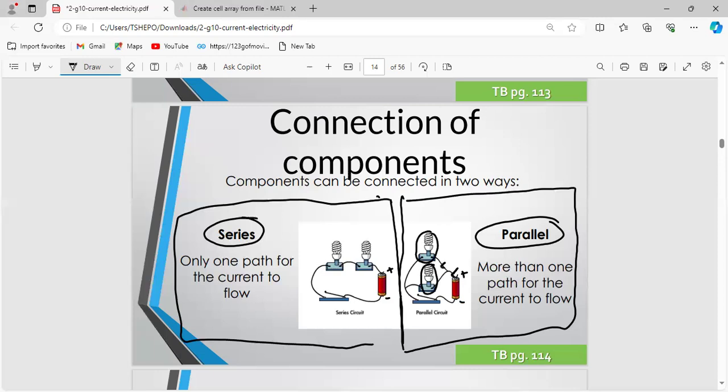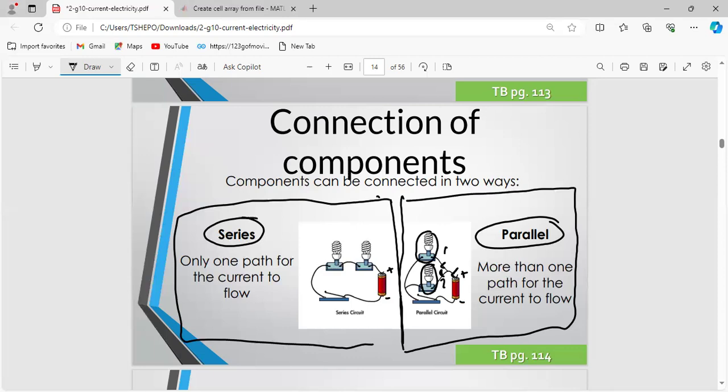The current is going to split, meaning the current is going to be divided into two paths. Can you see that? So we have path 1 at the top, and path 2 at the bottom. So when current starts to flow from here, there will be a current that's going to move inside this path, and there will be a current that's going to move inside that path.